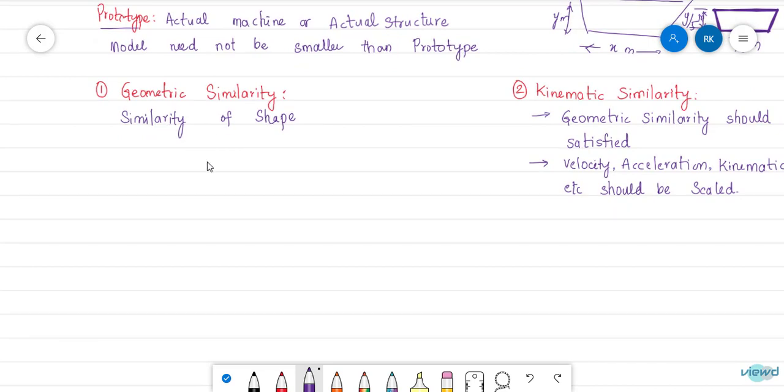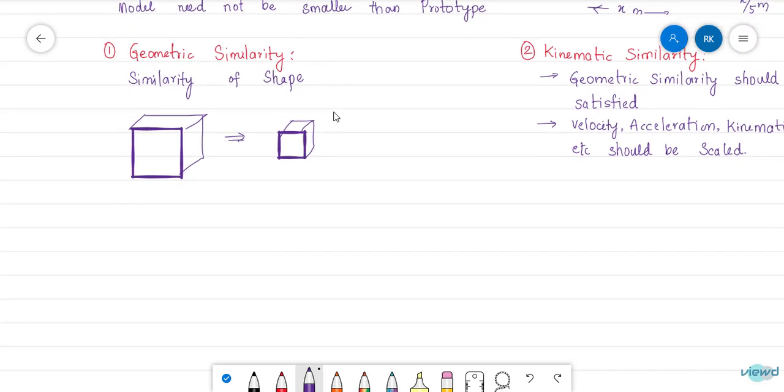What is similarity of shape? If there is a cube, there is a scaling of this cube such that the shape remains the same but the size changes. That is called similarity of shape.